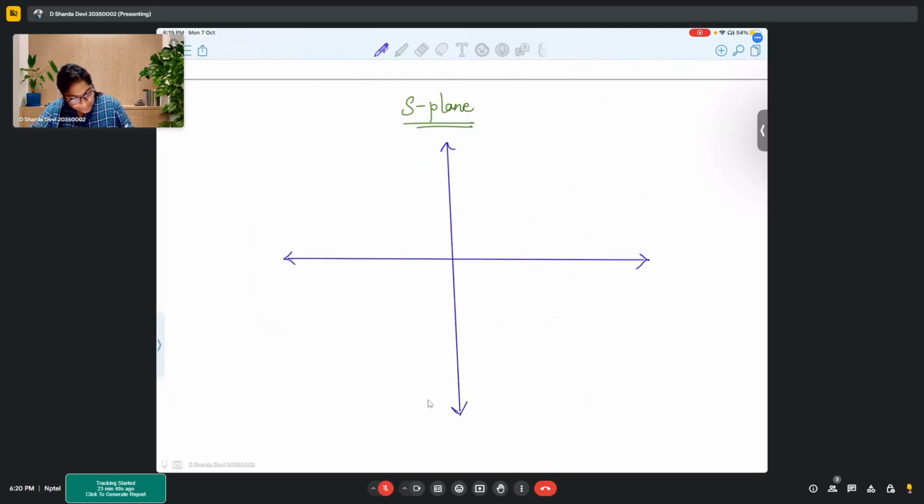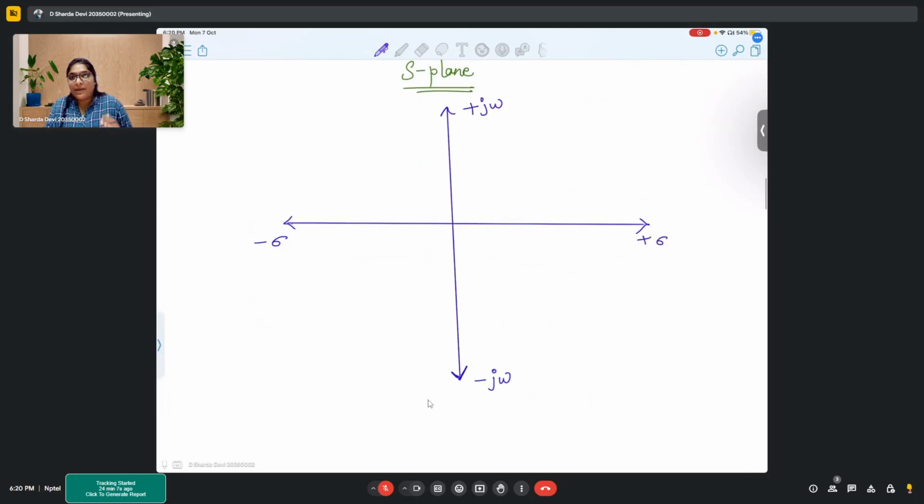So, here when we talk about this plane, the real parts of the roots are represented on the x-axis, whereas the imaginary parts of the roots will be represented in the y-axis. Okay.